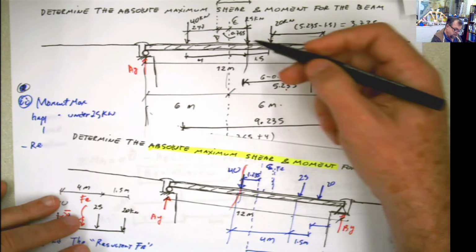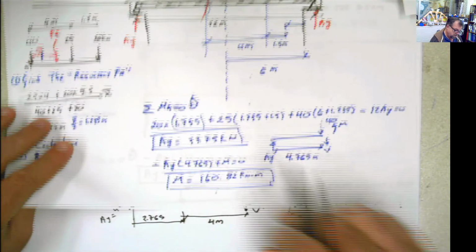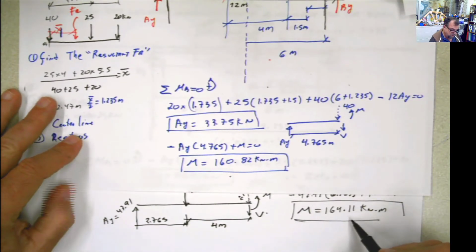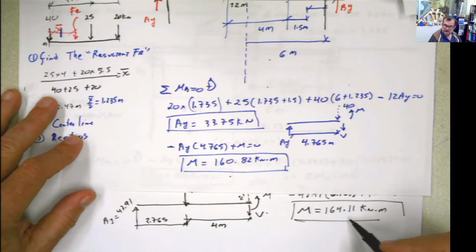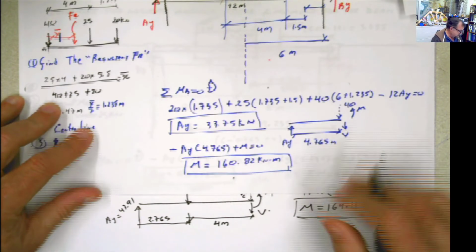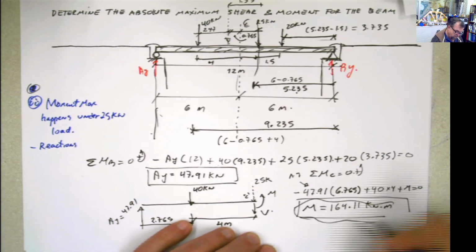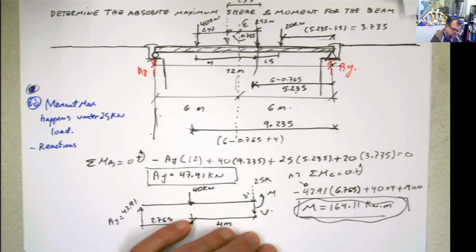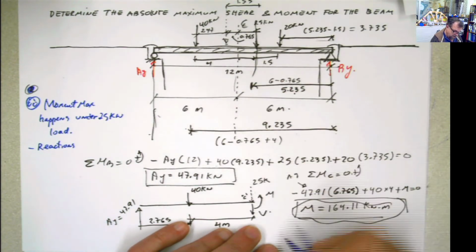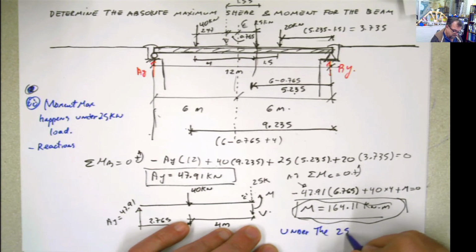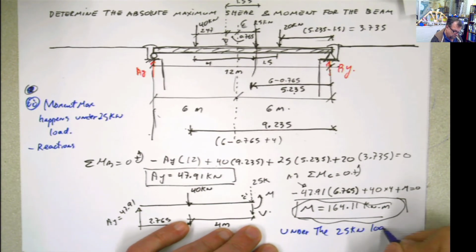However, when we did this one, it was 164.11, meaning the maximum absolute value is 164.11, and it happens when the truck is placed at that location, under the 25 kilonewton load.